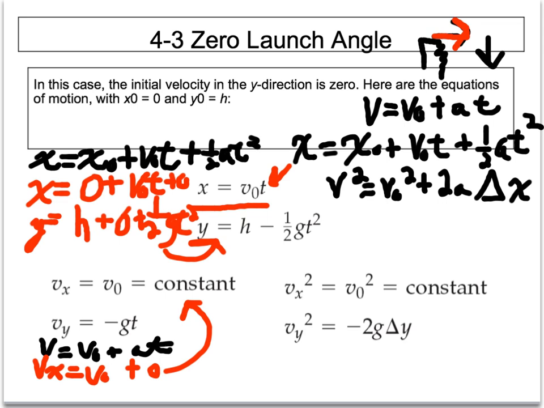V final in x equals v initial in x. And then in y, for vy, we have no initial velocity if we jump straight out, no y component. And our only acceleration is g, and in this case, since down is typically negative, we would get vy equals 0 plus negative gt, which is this equation here.